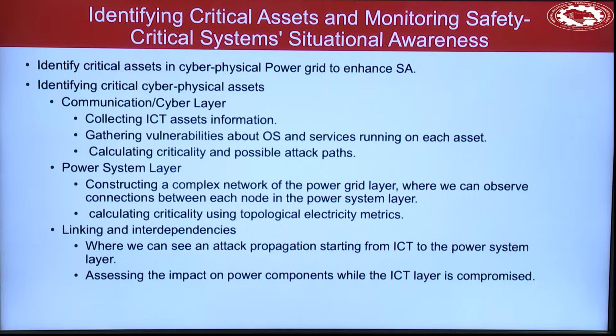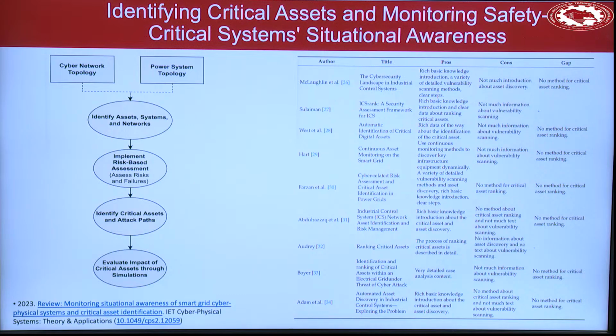Is it possible that an attacker targets one of the communication layer devices and injects an attack that propagates to the OT system, impacting the power system? Is it possible someone could tamper with power measurements or power devices, which has some impact on the digital risk assessment process that we have? We might end up with an incorrect assessment if the input is not correct. So we wanted to understand all those things.